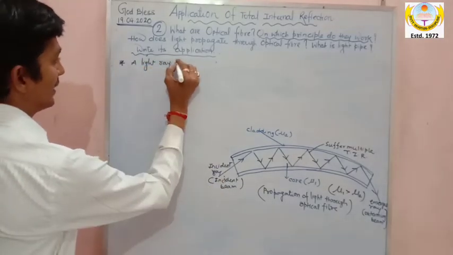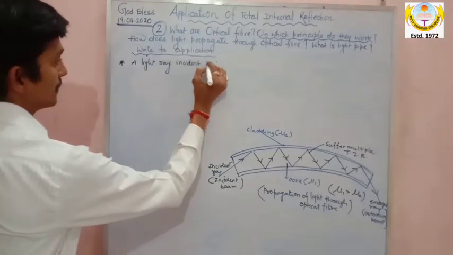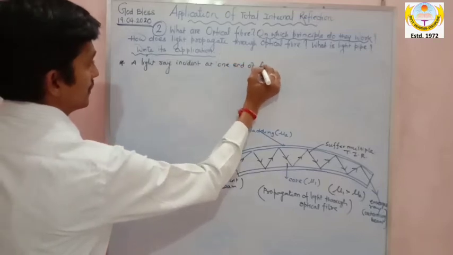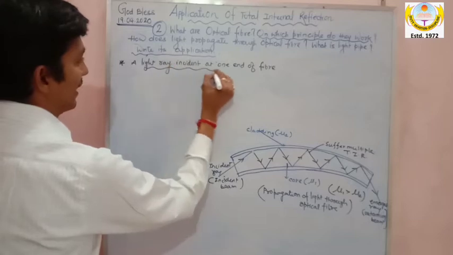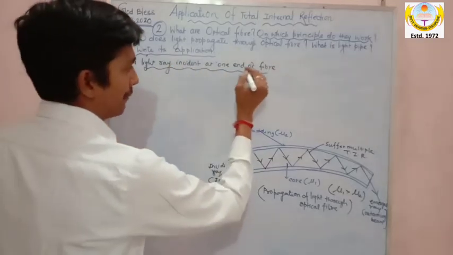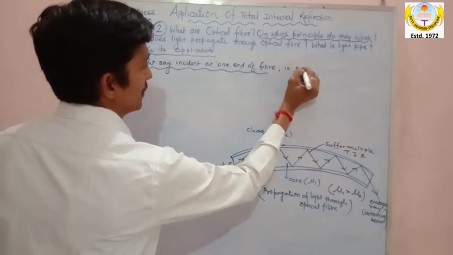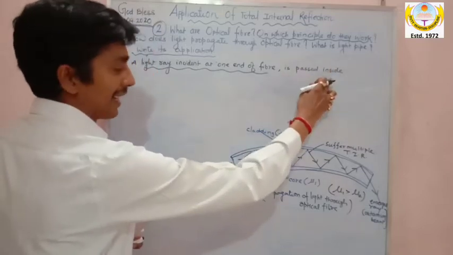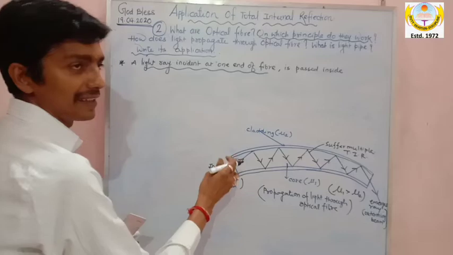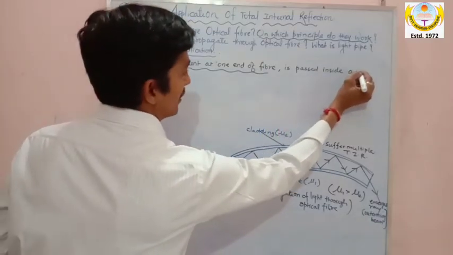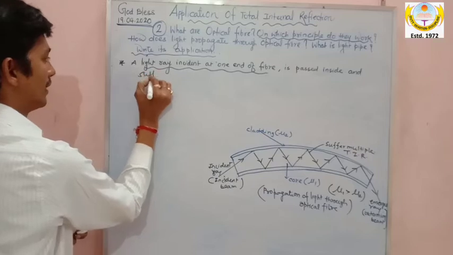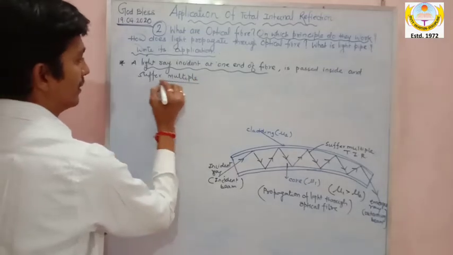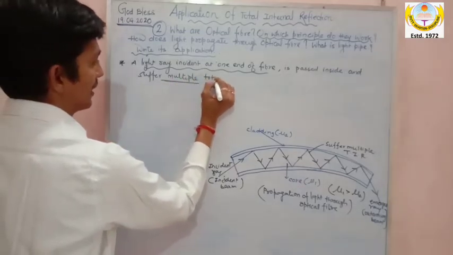A light ray incident at one end of the fiber is passed inside and suffers multiple total internal reflection.